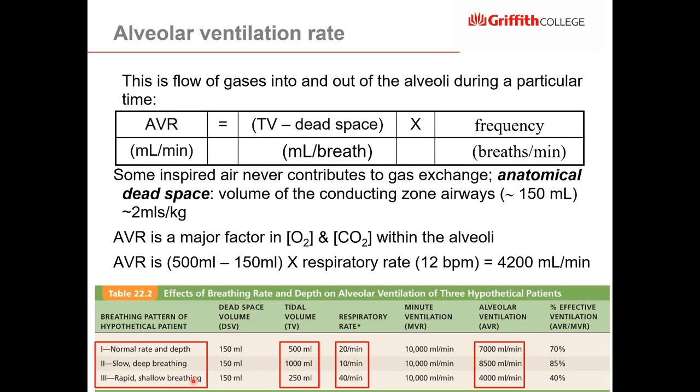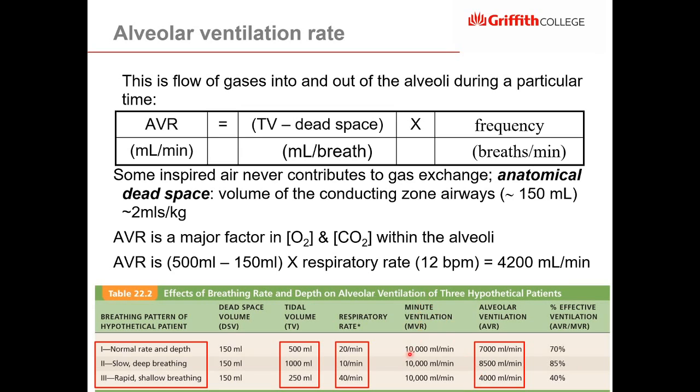Because what is happening here with this rapid and shallow breathing, it's not properly mixing in and clearing out all of this dead space, which means even though we are moving the same amount of air, the effective ventilation is half of what happens if we take nice, slow, deep breaths.